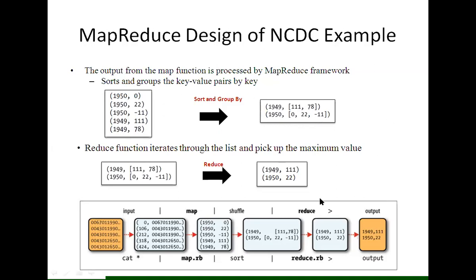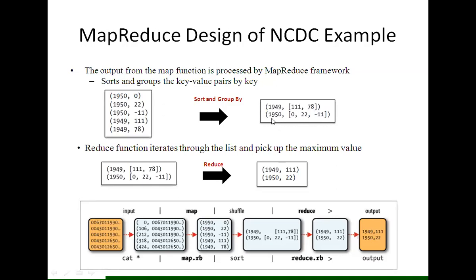And this output will be supplied to the reducer. The job of the reducer in this task is to find the maximum temperature among these values, and likewise for all the other keys. For example, in 1949 you have two different values, 111 and 78, so the reducer logic has to find the maximum of 111 and 78.